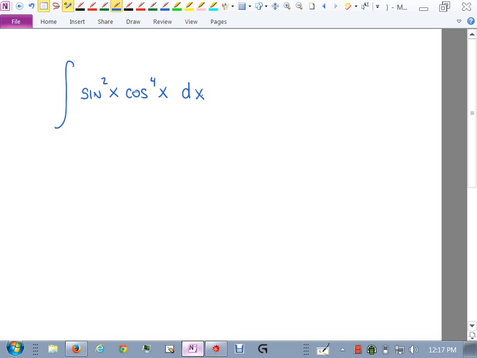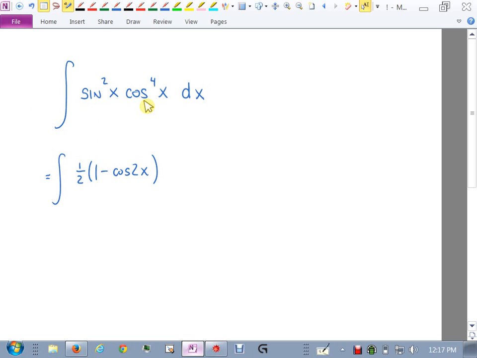What if they're both even? Well, same story. We can't do much. We have to just use our formulas to reduce the powers. So I would rewrite this as, first of all, that sine squared is 1/2 times 1 minus cosine 2x. Right? That's what this is. Do you agree?